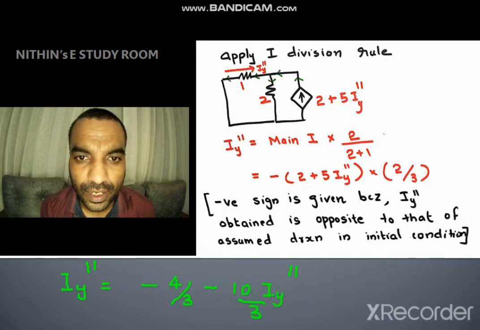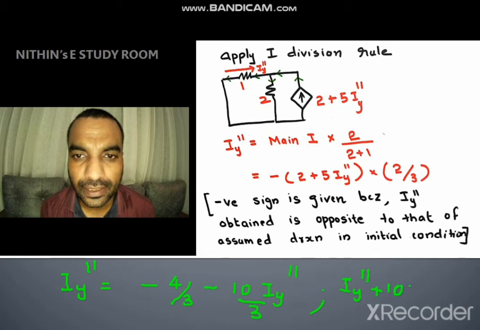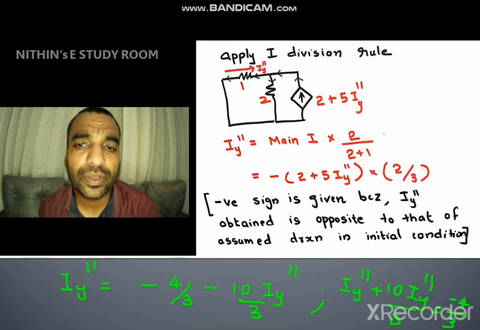So Iy double dash plus 10 Iy double dash divided by 3 is equal to minus 4 by 3. What will be the next step?